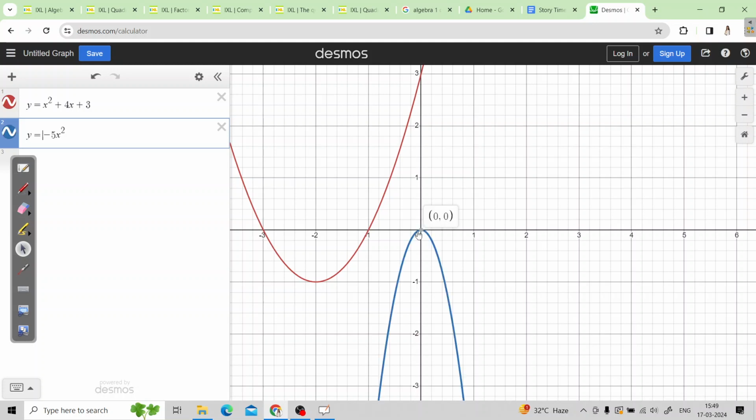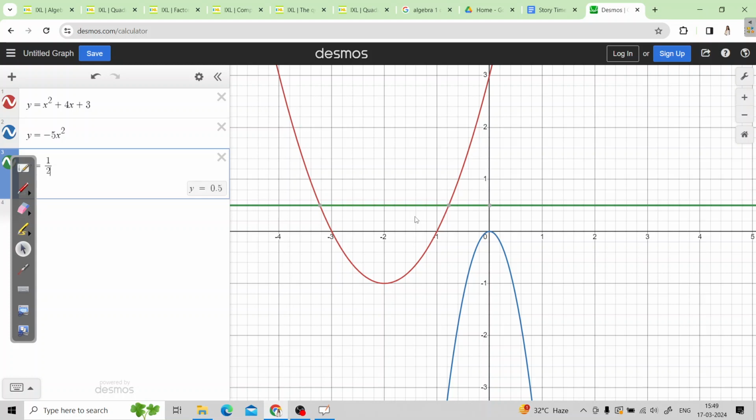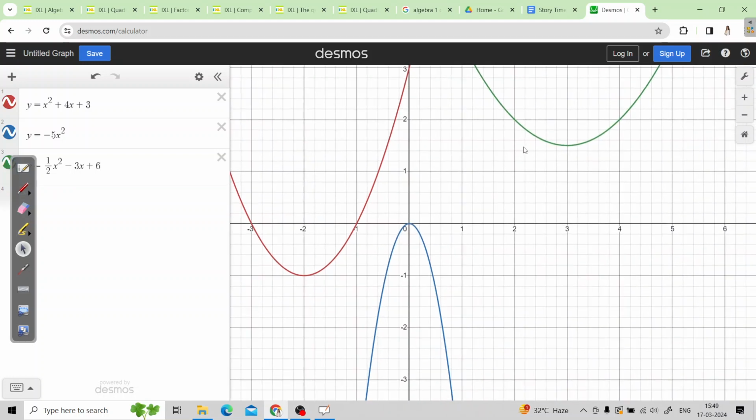So this is the case of one solution, only one real solution. And then the case of no solution would be the third example that I took in the previous video: 1/2 times x square minus 3x plus 6. All right.